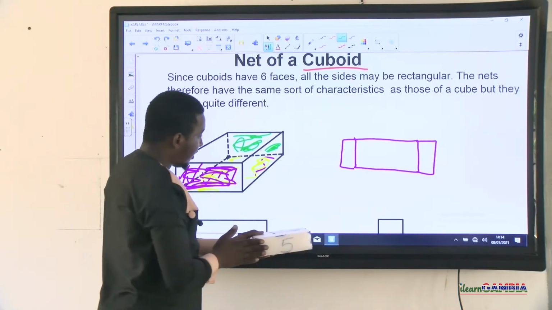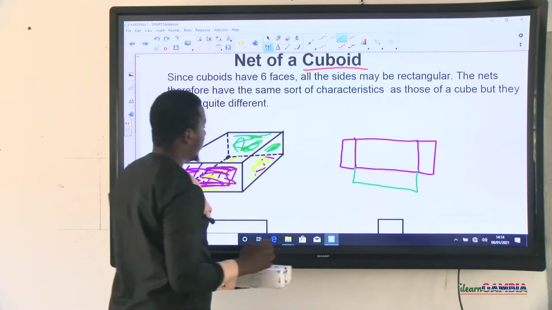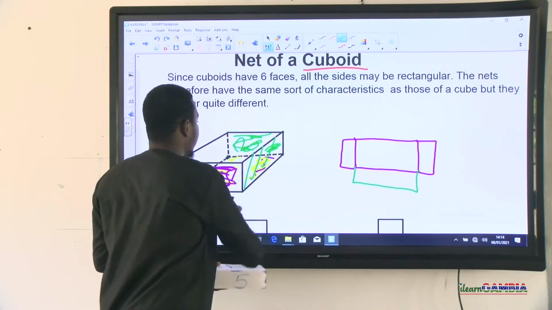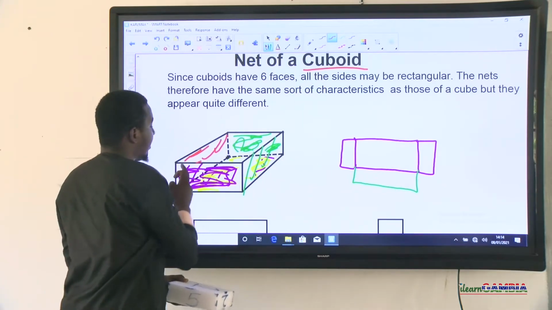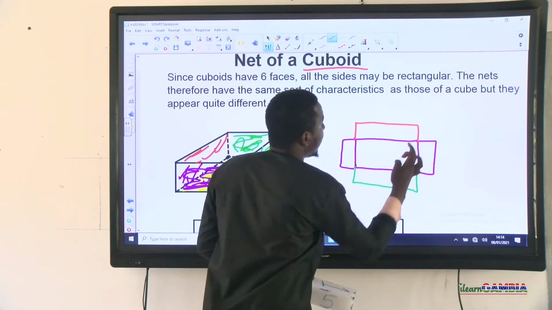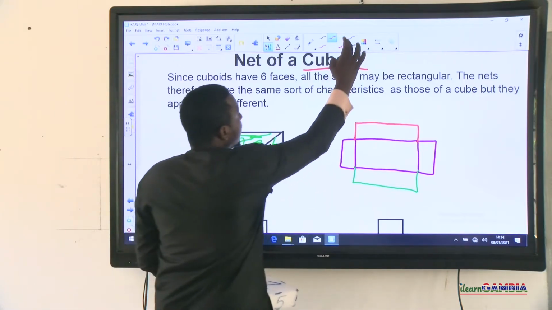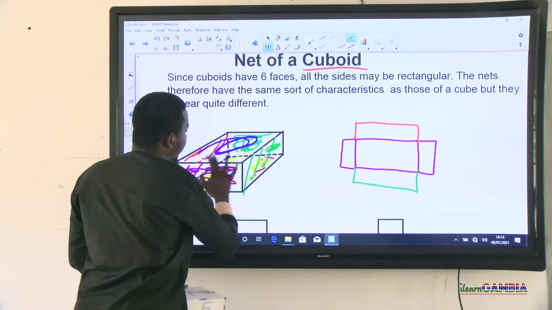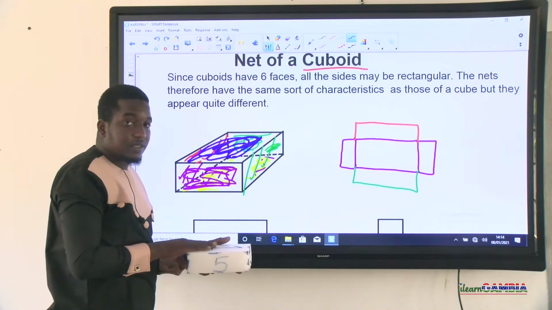So this face here will be that one, that is this other face, and the one at the back will be this, which is what we have here. And the one on top now, the face that is on top here is this other face.